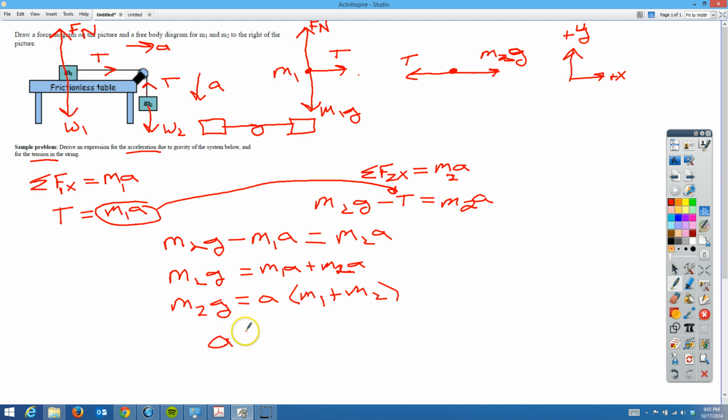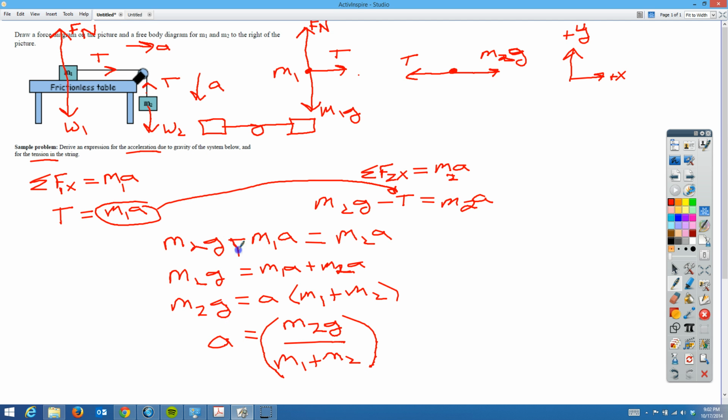So we know that the acceleration is equal to m2g all over m1 plus m2. So now we have an equation that we can use in order to find the acceleration of this system.